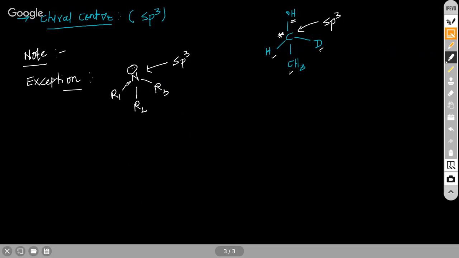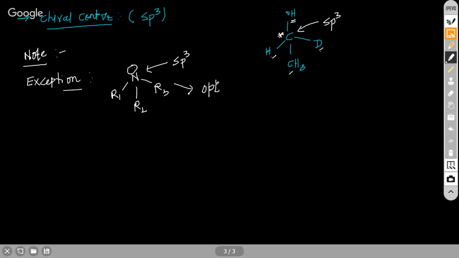So according to the definition of optical activity, if the molecule has only one chiral center, it is optically active. According to that logic, this molecule should also be optically active because it has only one chiral center, which is the nitrogen here, with four different groups attached. But this molecule, the tertiary amine, is optically inactive.